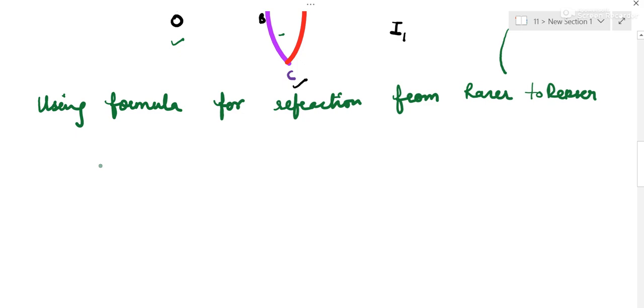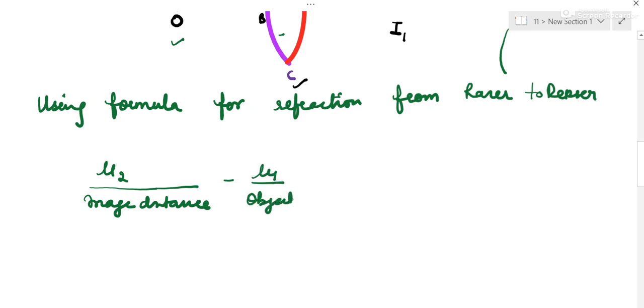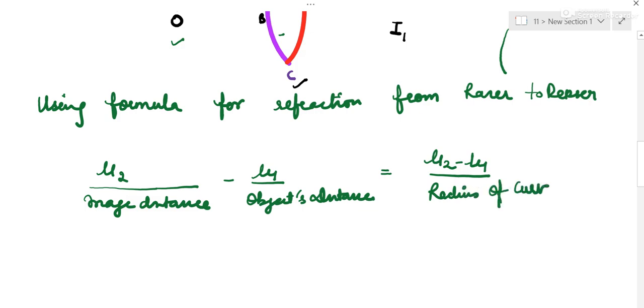What is the formula? It's mu2 by image distance, we will write like this, not in form of symbols, minus mu1 by object distance is equal to mu2 minus mu1 by radius of curvature.